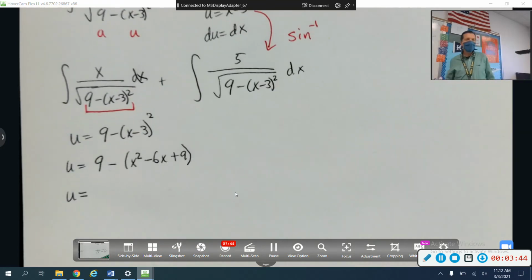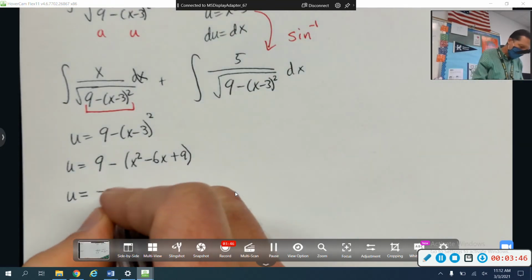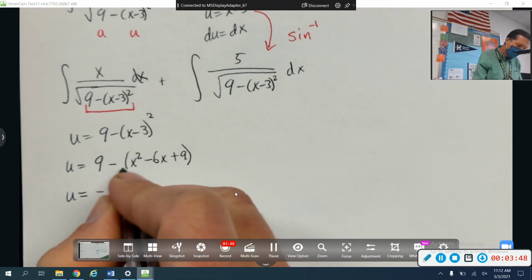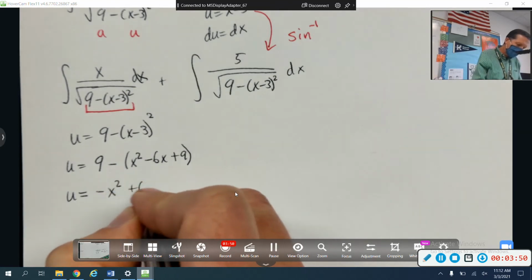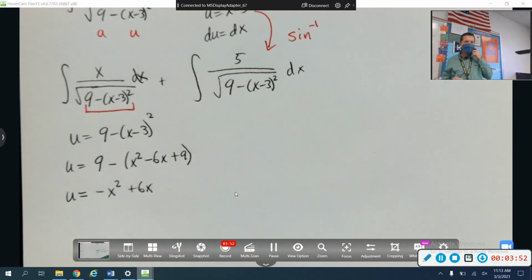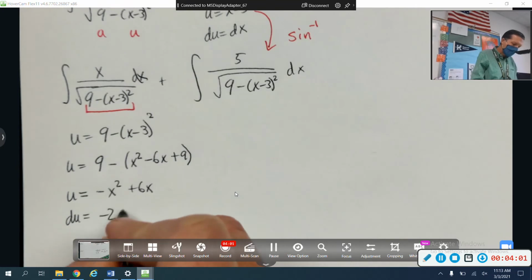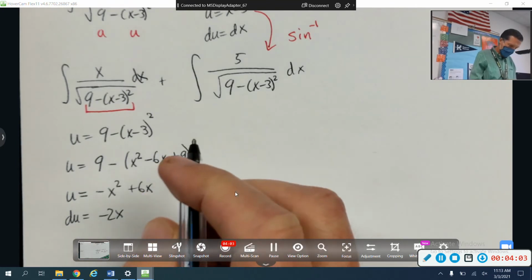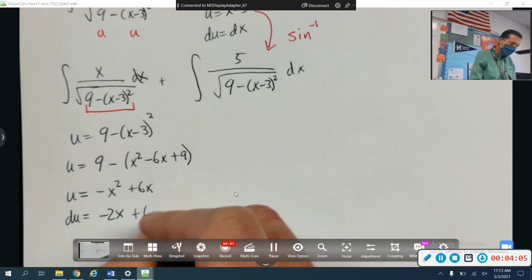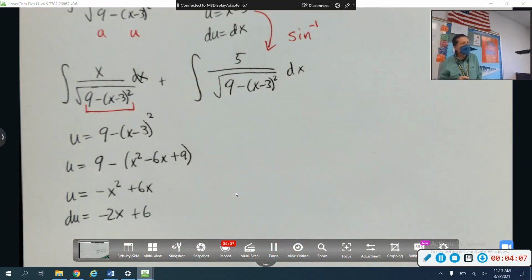So u would be negative x squared plus 6x. I don't like where this is heading because du is negative 2x plus 6. And I don't have negative 2x plus 6 up there.